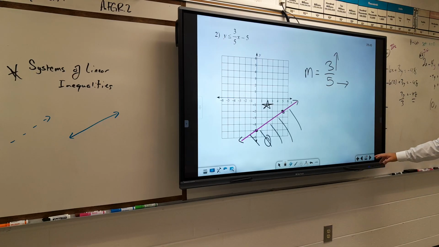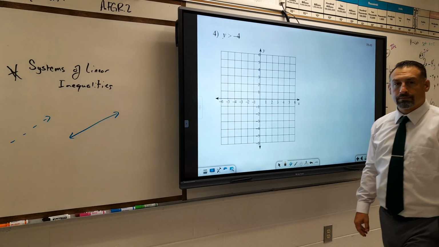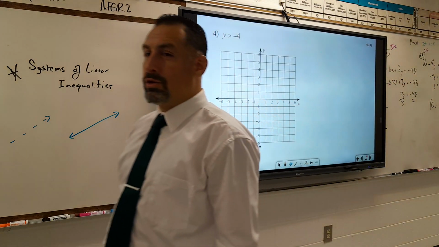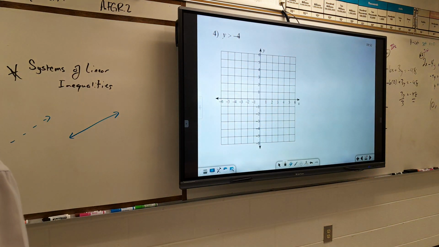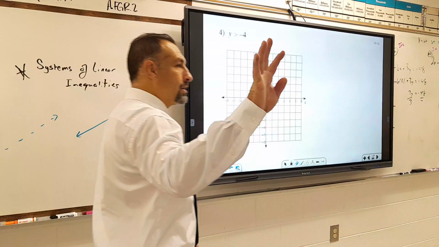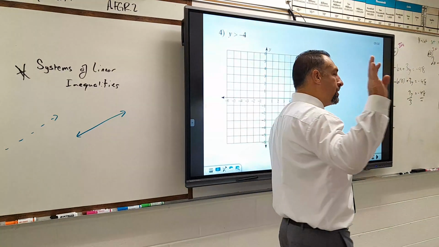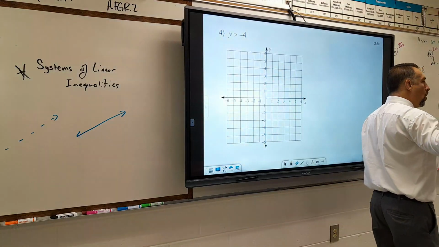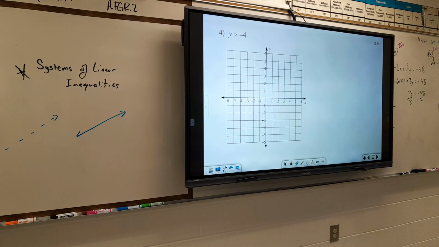Okay, let's jump to the next one. You should remember how to graph this. I'll give you a moment to think about it. I gave you the 4 pictures. If it's y equals a number, it's a horizontal line.